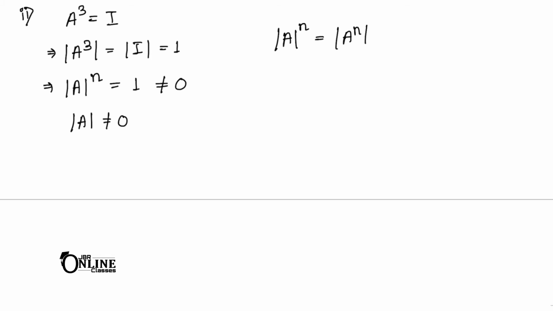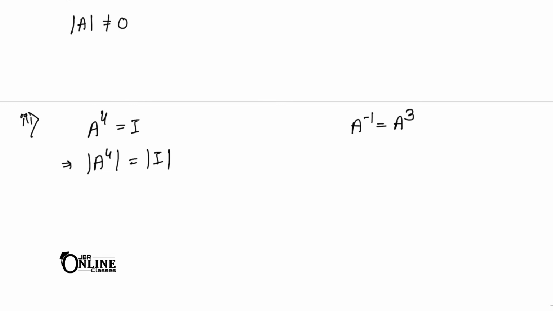So A is invertible. Now the next one, the third one. Here A to the power 4 equals I. So if you want to take det on both sides, so it will be det I, and you have to show that A to the power minus 1 equals A cube.